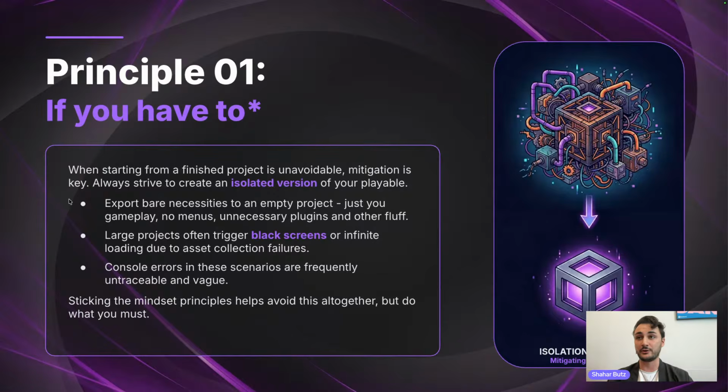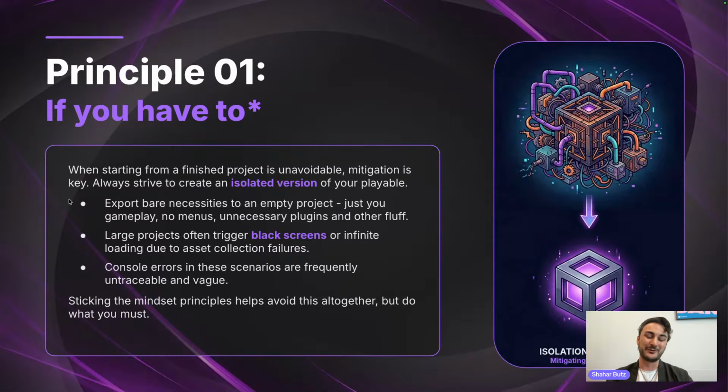A small anecdote on this: if you have to start on a finished project, or if you think you know better for one reason or another, I still implore you to make an isolated version of that project. Export that isolated version onto a new project that only has the bare necessities, only the actual scripts and graphical files that you need, because the way Playworks works is that it goes through every single shader, every single script, every single file in your project, and it tries to process that in some way and to see if you use that or not.